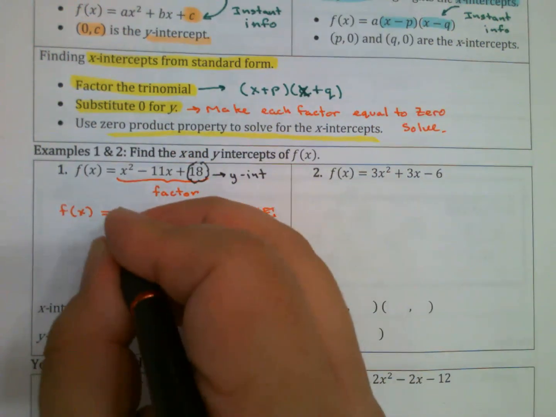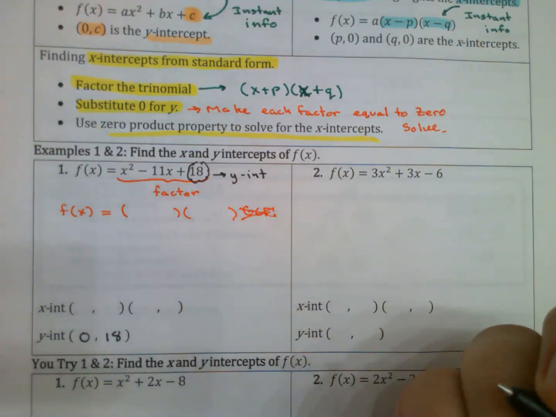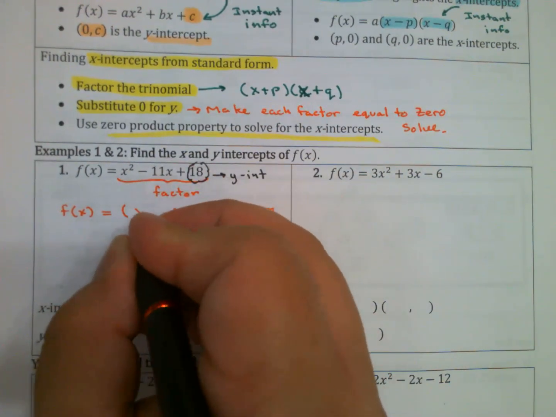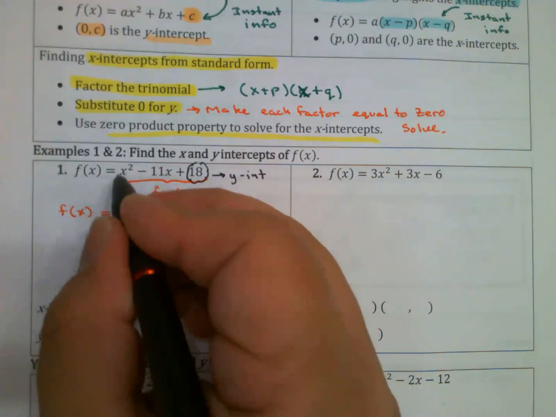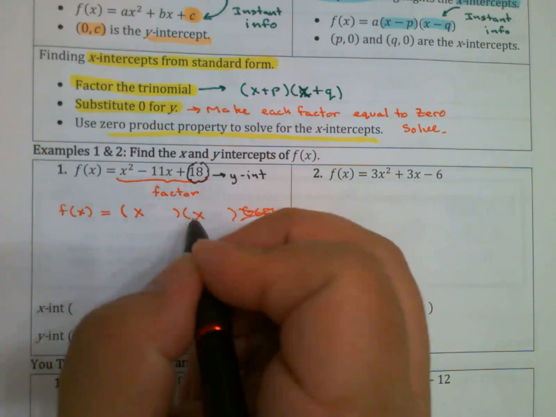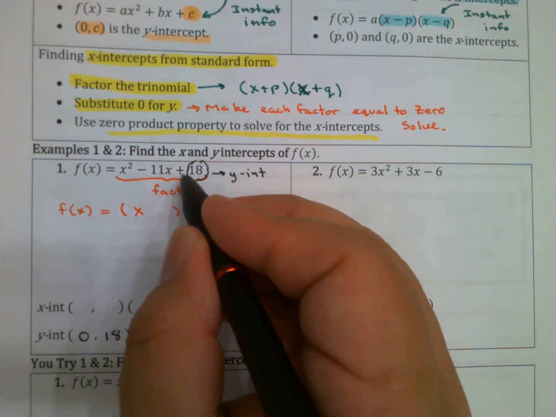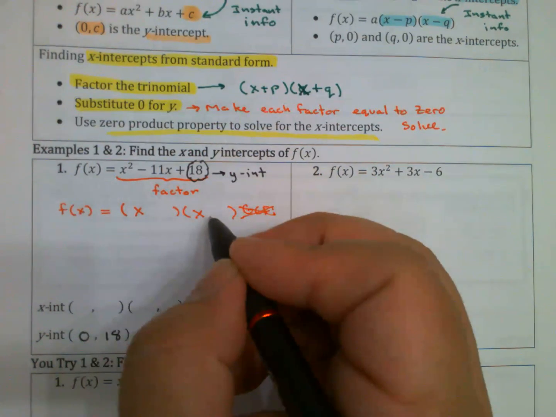No GCF means, then let's go right into parentheses. This is where guess and check starts. It says x squared. Well, that's the easy part. We split up the x. There's no number in front of the x besides a 1, so that makes this problem even easier. Now, I do have a positive. Well, the only way to multiply to get a positive is positive times positive or negative times negative.